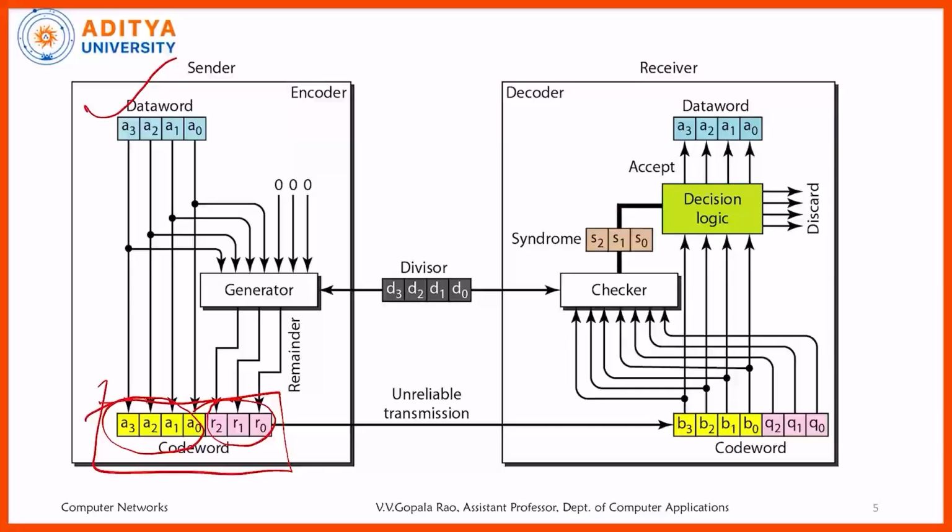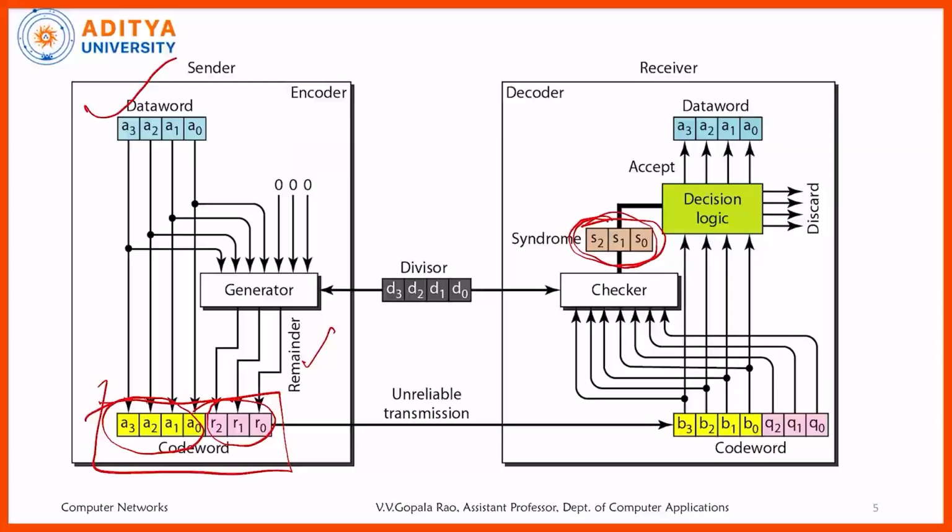The checker is going to follow the procedure that the encoder followed at its end, and it is going to generate a syndrome here. This syndrome is nothing but the remainder we have seen at the generator side. Similarly, here also we are going to get the remainder, and that remainder is referred to as the syndrome.